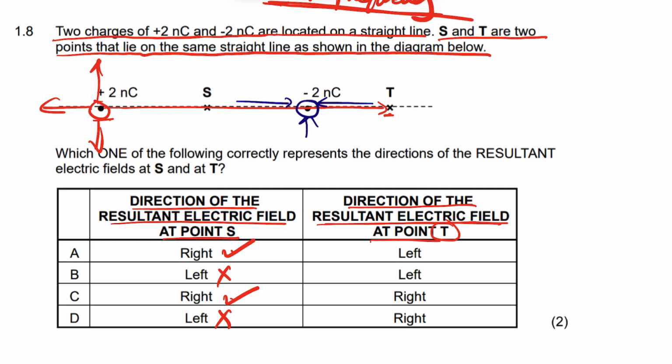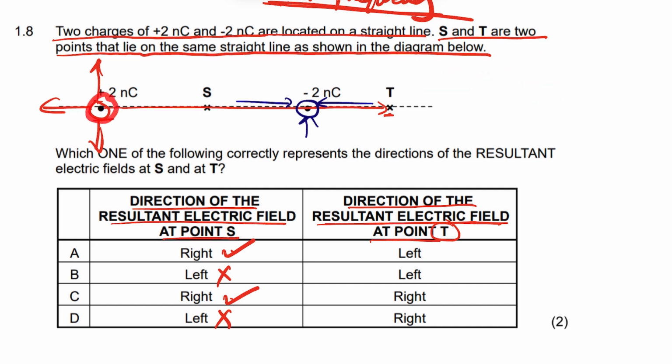Now remember, this is far. The electric field that T experiences from the positive charge is coming from a long distance, so it's pushing from a longer distance. The longer the distance, the shorter the electric field, because distance and electric field are inversely proportional.